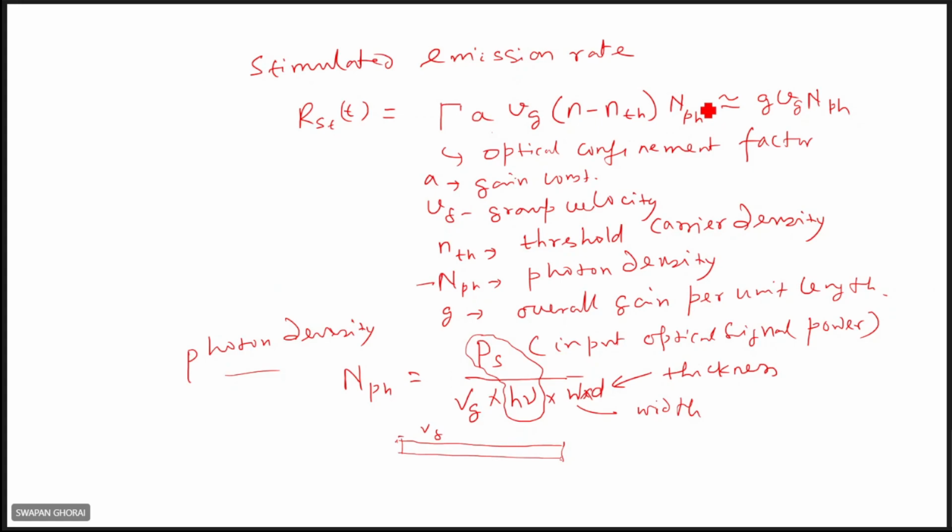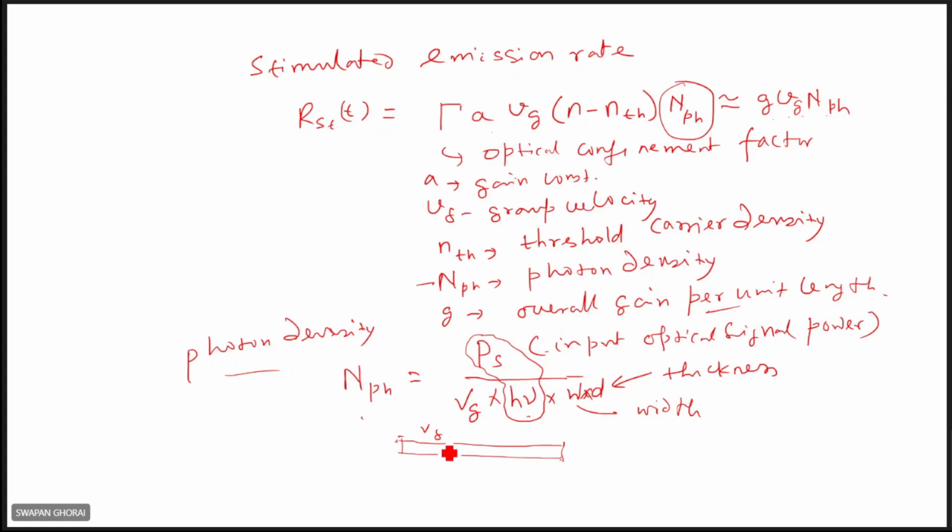So that is N_ph, the photon density. All the constant factors can be replaced by G, so this is G times N_ph. That G represents the overall gain per unit length. And what is N_ph? The photon density is the input signal power divided by the photon energy, which gives the number of photons per unit volume.